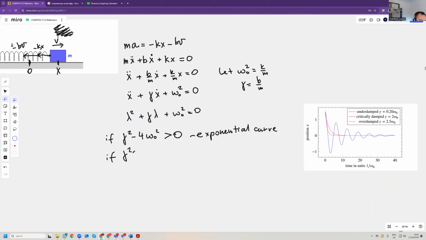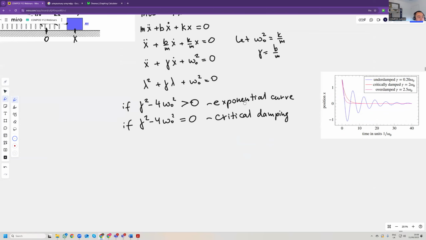If gamma squared minus 4 omega 0 squared is equal to 0, that would be an exponential curve of maximum steepness, which is called critical damping.